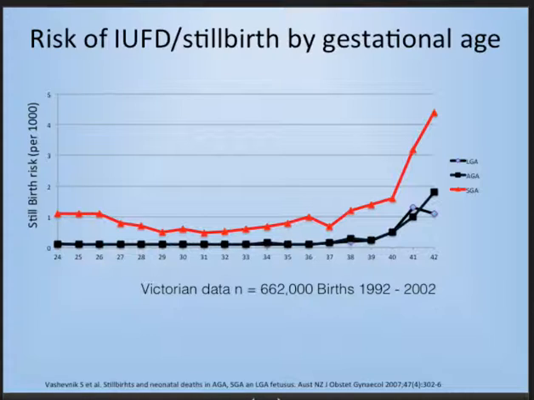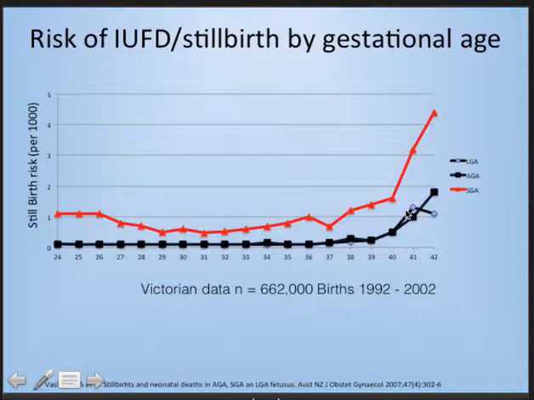A study done in Melbourne and published in 2007. It shows on the x-axis the gestational age in weeks, up to 42, and on the y-axis the stillbirth rate per 1,000 deliveries. In black, the squares, the adequate for gestational age fetuses, and we see a slight increase after 39 weeks.